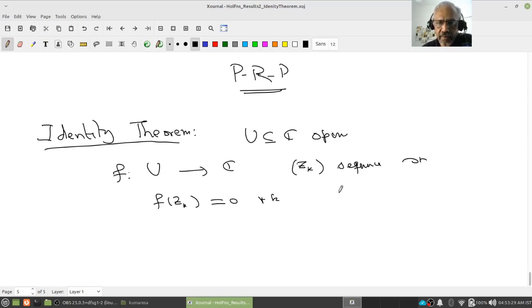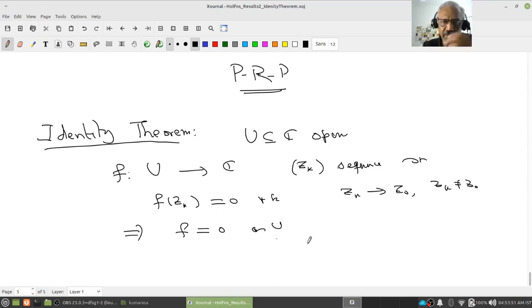And let me also assume Zk converges to some Z0 and the Zk's are different from Z0. Then I want to say f is identically 0 on U. This is exactly like what we said about power series. Do you understand that? Yes? Okay.